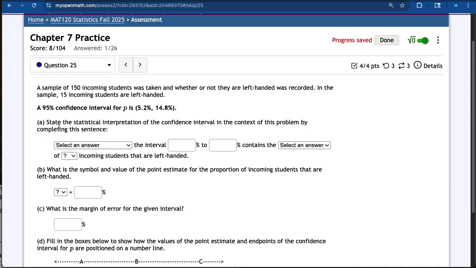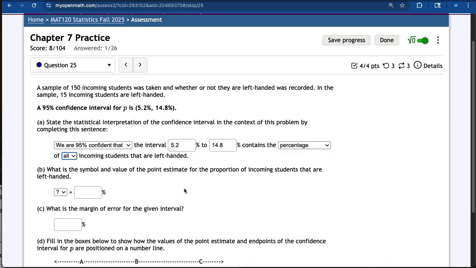That's part A. So our statistical interpretation is that we are 95% confident that the interval from 5.2% to 14.8% contains the percentage of all incoming students that are left-handed.